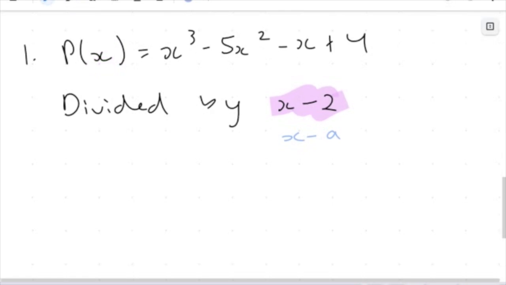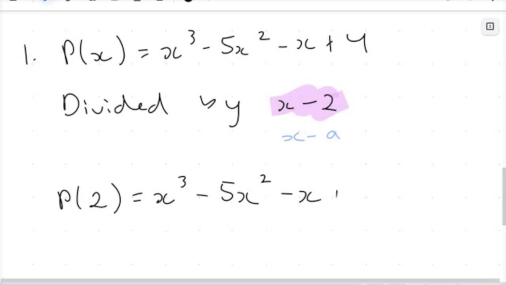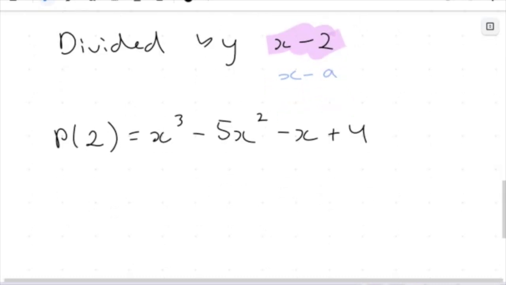So I'm going to get p of 2 equals x cubed minus 5x squared minus x plus 4. Substituting that in place of all of these x's, I'm going to put 2. So I have 2 cubed minus 5 times 2 squared minus 2 plus 4, and that gives us minus 10.